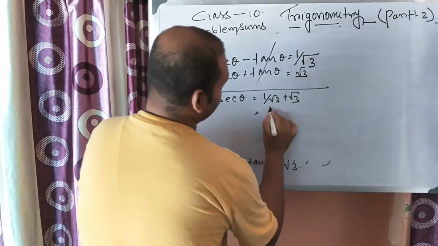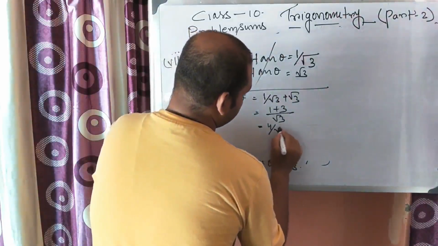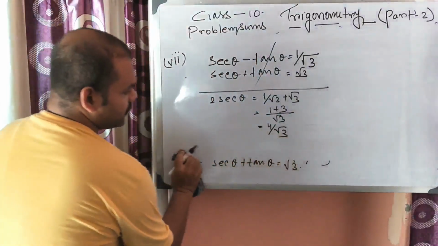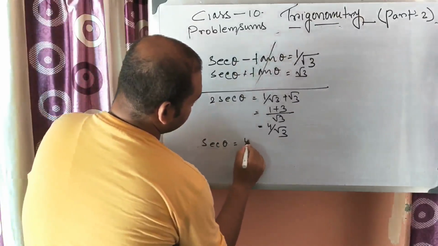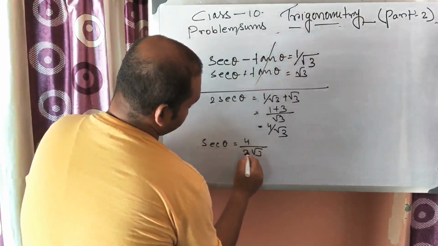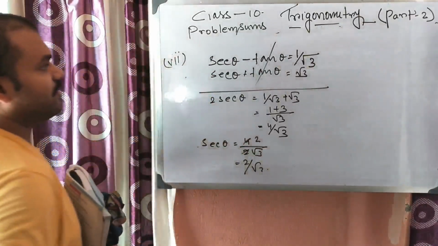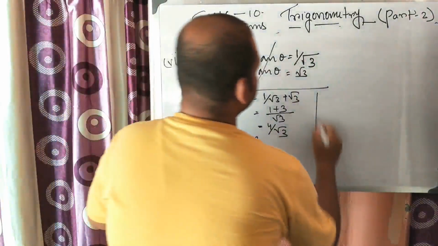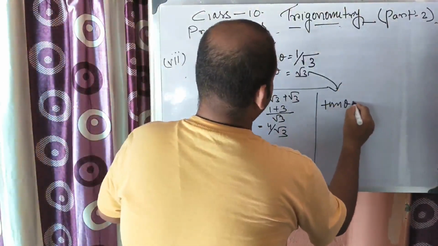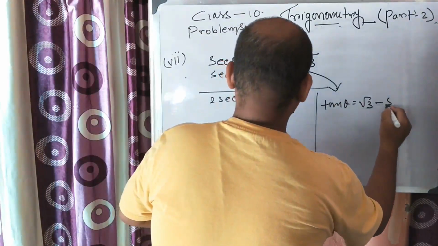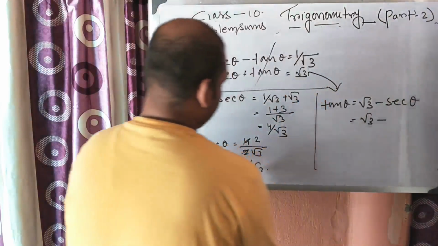What is the value? 1 plus 3 by root 3, so 4 by root 3. So what is the value of sec theta? Sec theta will be 4 by 2 root 3, so 2 by root 3. So what will be the value of tan theta? From this equation we can get tan theta is equals to root 3 minus sec theta. So root 3 minus, what is the value?